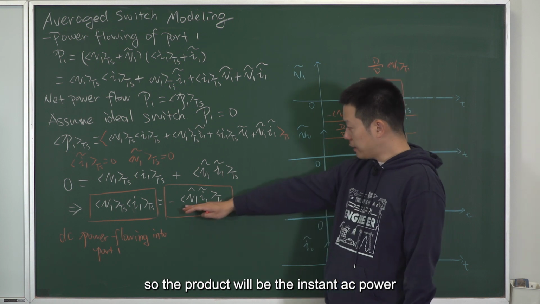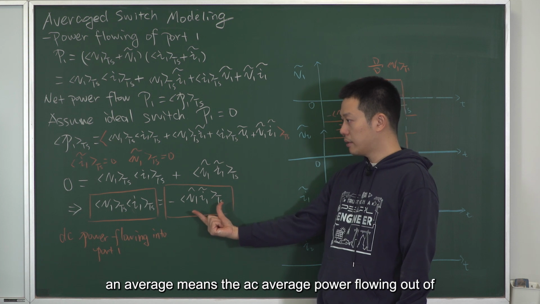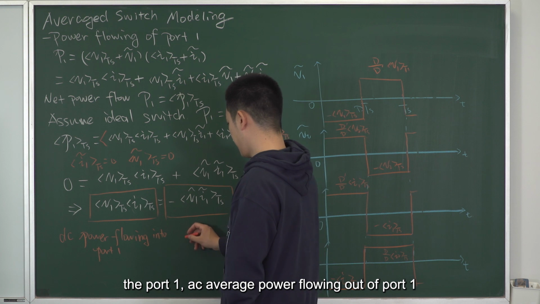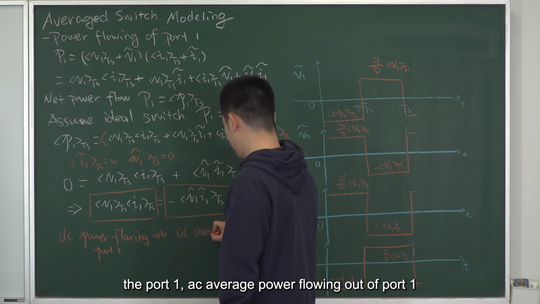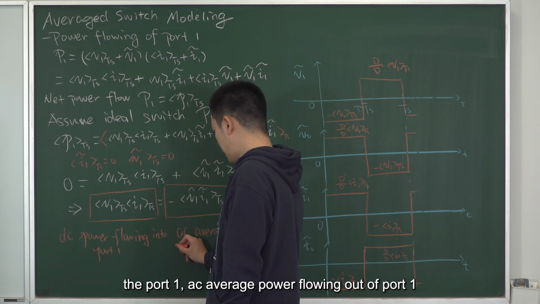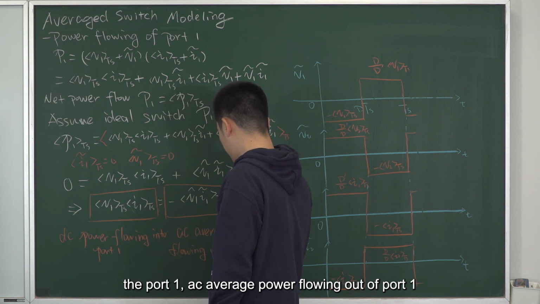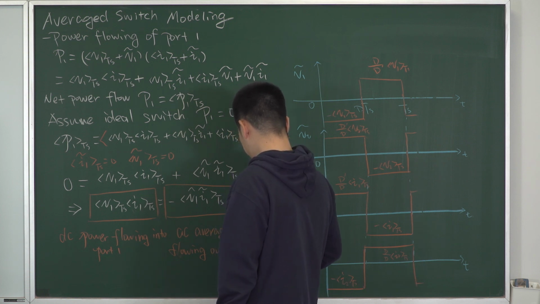So the product will be the instant AC power, and average means the AC average power flowing out of port 1.